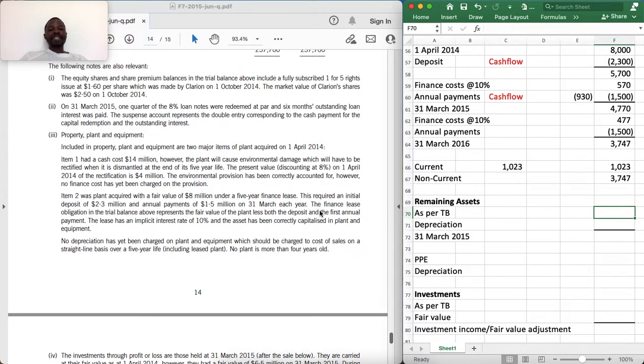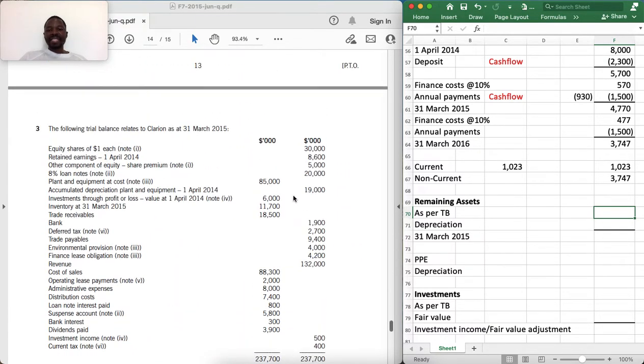Assets as per the trial balance. How much are the assets as per the trial balance? It's 85. The carrying amount of the assets, it's 85 less 19,000. Less, we need now to depreciate the remaining assets.